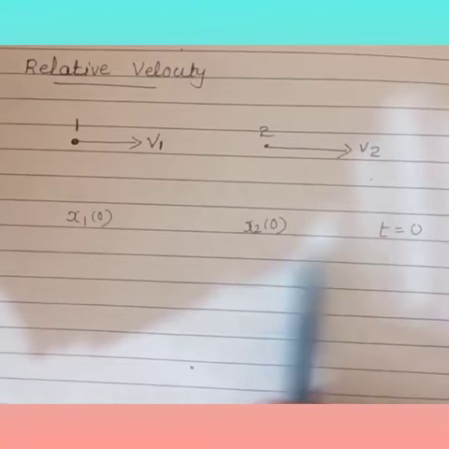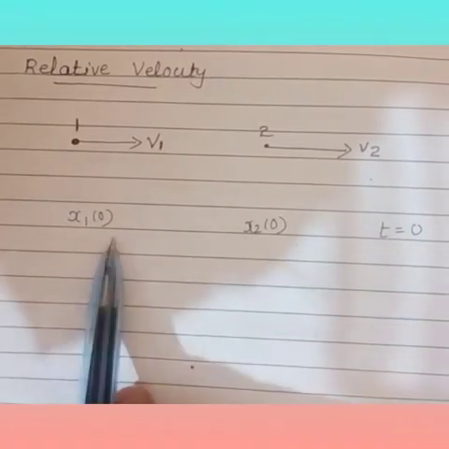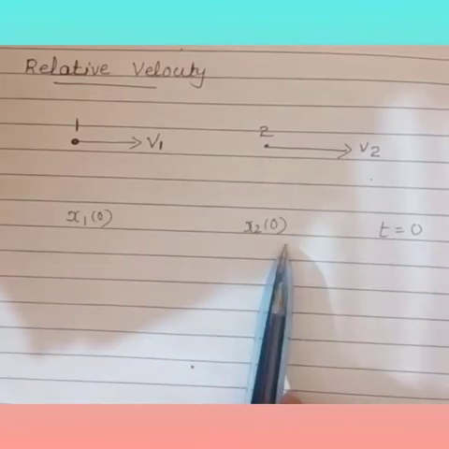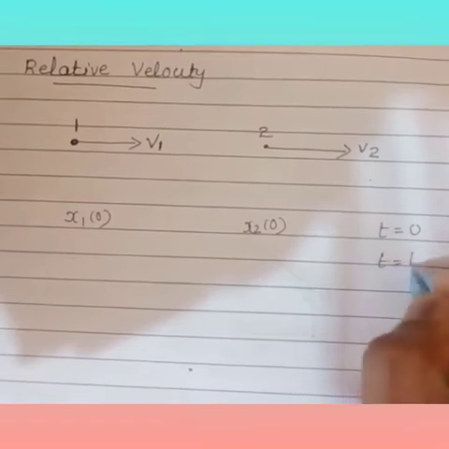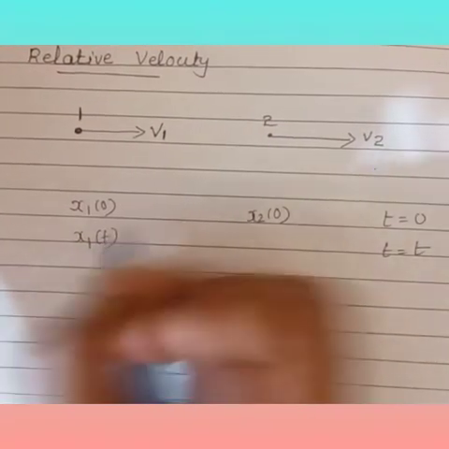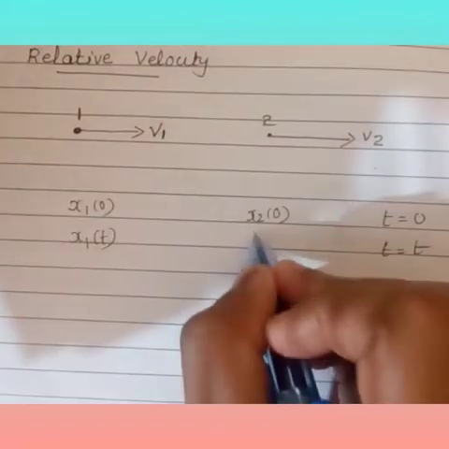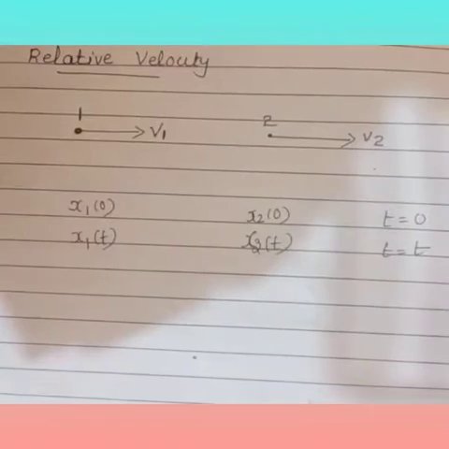So at t equal to 0, object 1 is at x1 0 and object 2 is at x2 0. Then at time t, the positions become x1 t for object 1 and x2 t for object 2.